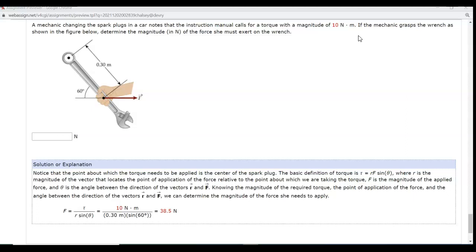Notice that the point about which the torque needs to be applied is the center of the spark plug. The basic definition of torque is the radius times the force times the sine of the angle, where r is the magnitude of the vector that locates the point of application of the force relative to the point about which we are taking the torque.